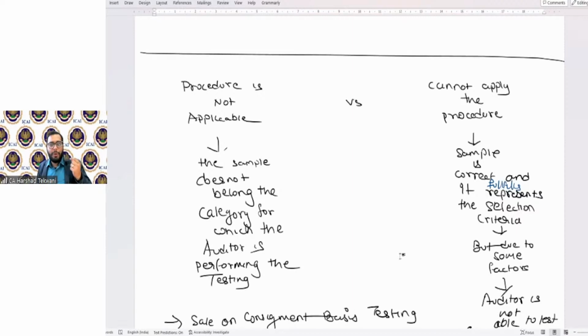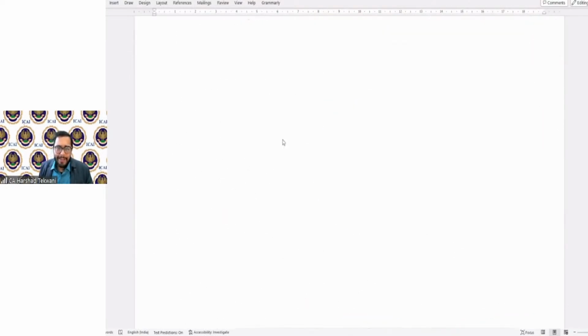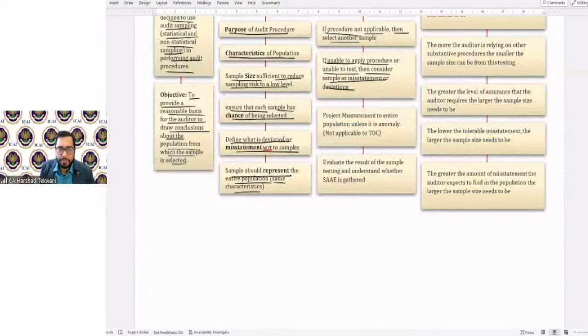Instead, where I'm not able to apply the procedure because the sample does not fulfill the selection criteria, it was something different. So: procedure cannot be applied versus procedure not applicable.